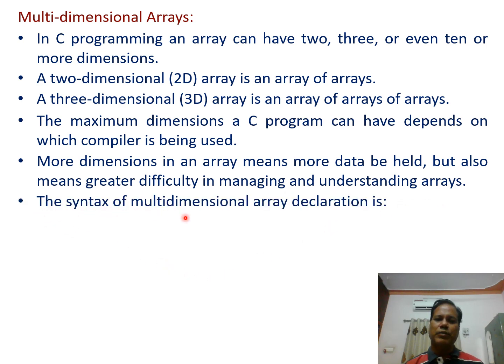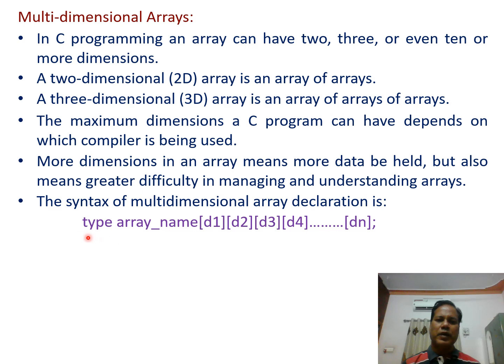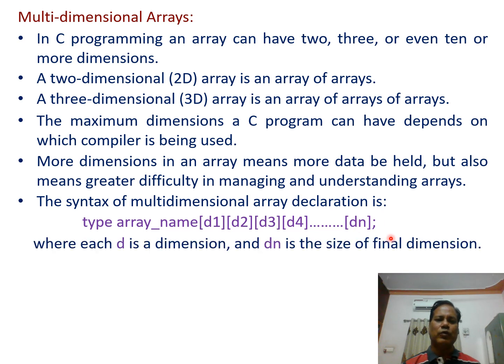The syntax of multi-dimensional array declaration is: type array name, then dimensions d1, d2, d3, d4 up to dn, and at the end a semicolon, where each d is a dimension and dn is the size of the final dimension.